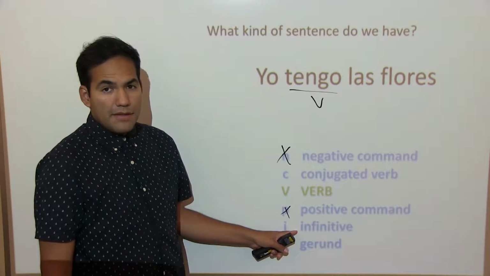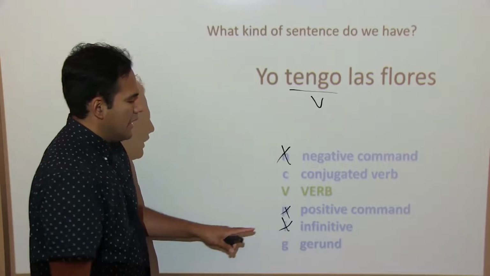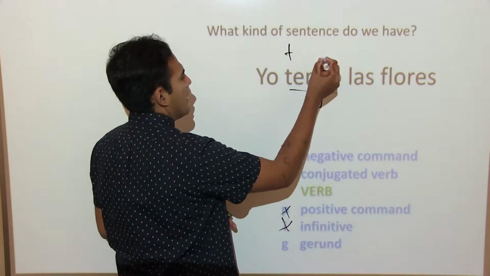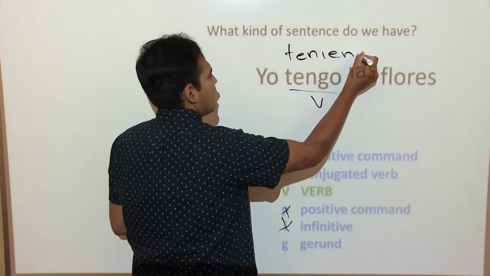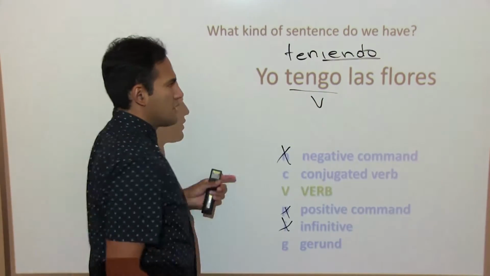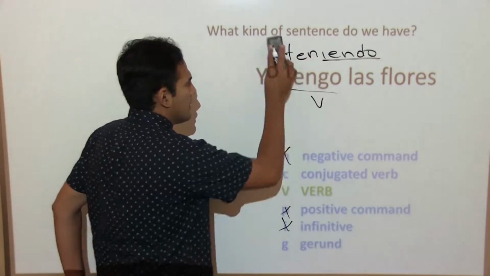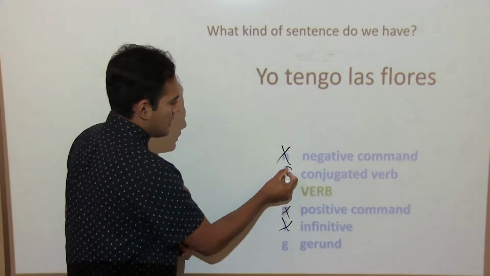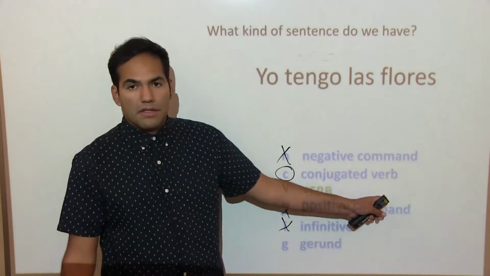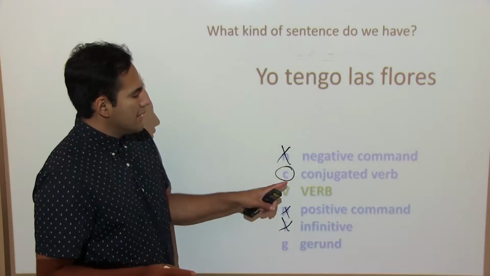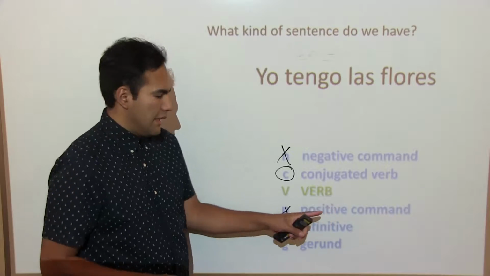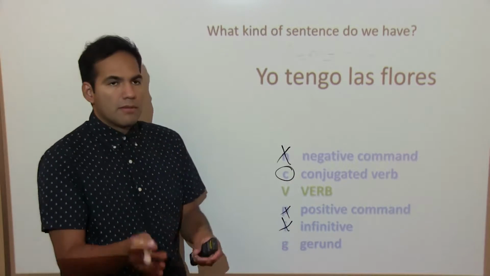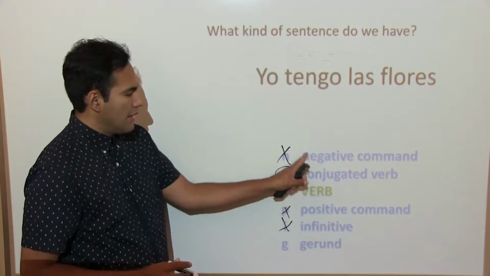Is it an infinitive verb? No, it's not. And is it a gerund? No, it's not. A gerund in this case would be, that would be the gerund. So we don't have a gerund. Therefore, the only option that we have left is conjugated verb. So this sentence fits in this category and means that the pronoun is going to be written before the verb.